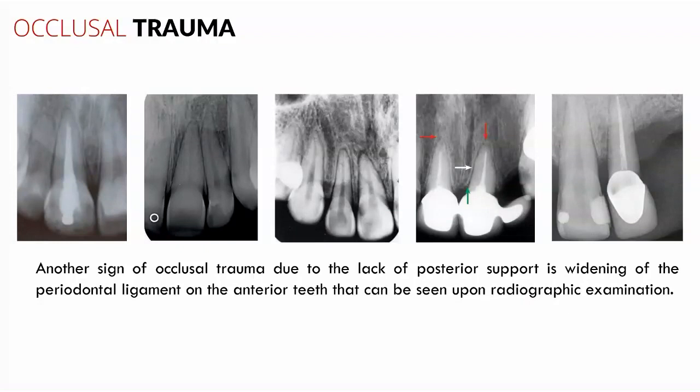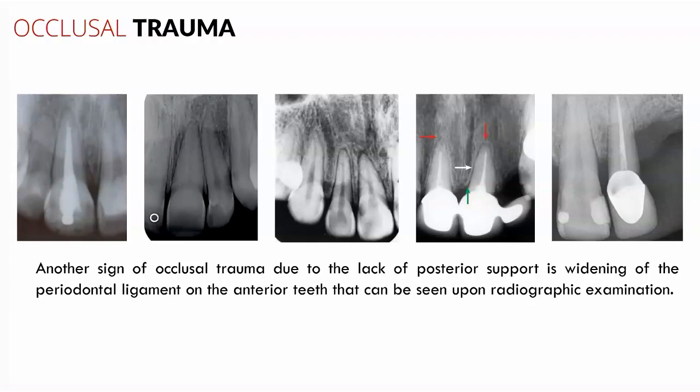So another sign of occlusal trauma due to the lack of posterior support is widening of the periodontal ligament on the anterior teeth that can be seen upon radiographic examination. So here are some examples, and I think that middle one is probably the clearest, where that space around each of the teeth is significantly wider than what you would see in a normal scenario, okay?